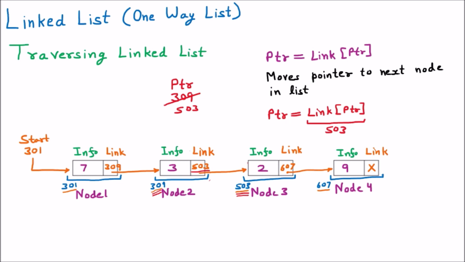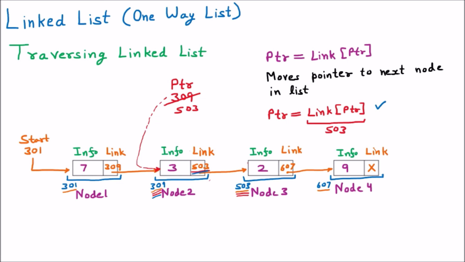Now, PTR was earlier pointing to the address of node number 2, which is 309. Now we have executed the line PTR = link PTR. PTR is pointing to address 309, and the link part of this one is 503.